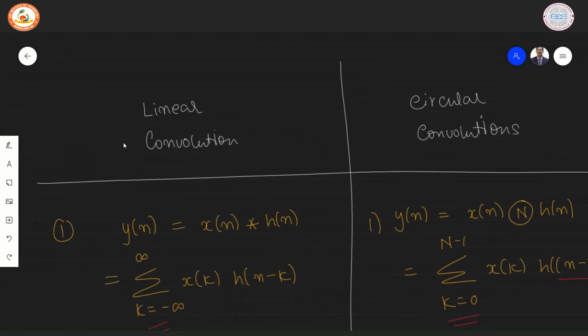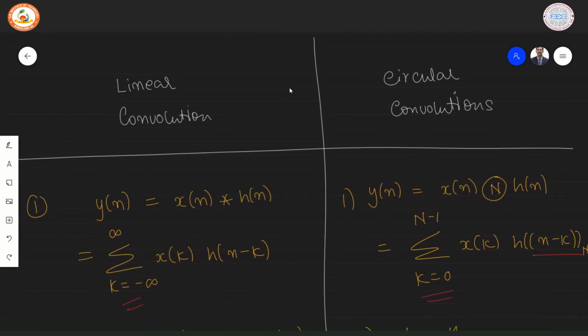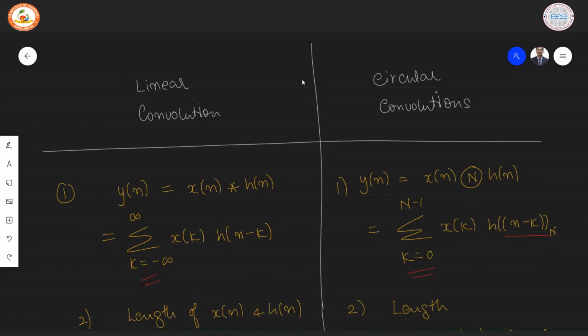Before we begin, let us gather some information on the difference between linear and circular convolutions. Primarily, we know that the equation for linear convolution is something like this. The symbol for convolution is star.